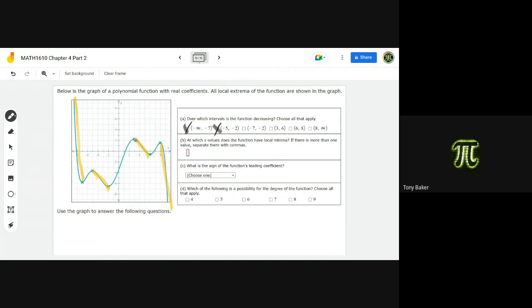It's going down from 3 to 5. Oh, sorry, is that 6? 3 to 6. And it's going down from 8 to infinity. So once you mark where they're going down, or if it was asking increasing, same concept. Mark them increasing and then mark off the intervals where it's doing that.